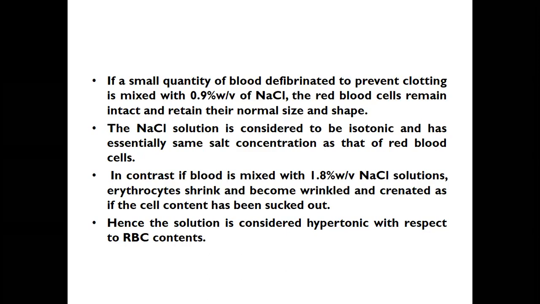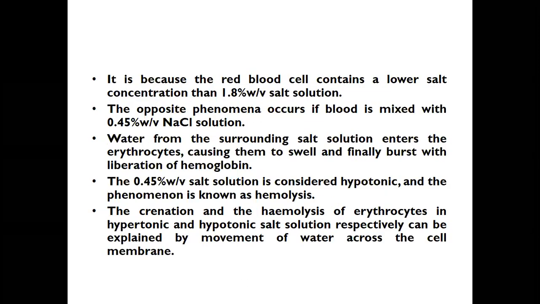Hence, the solution is considered hypertonic with respect to RBC contents. So, we remember that when hypertonic solutions are administered, red blood cell shrinkage takes place. It is because the red blood cell contains a lower salt concentration than the 1.8% weight by volume salt solution.